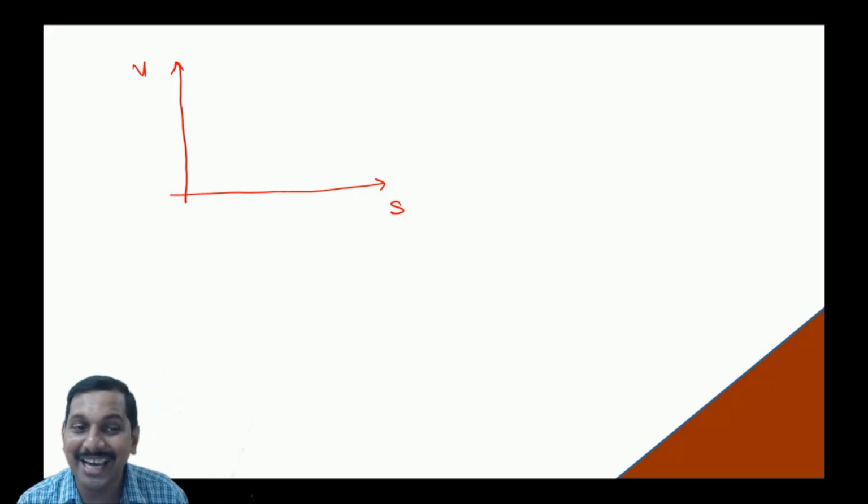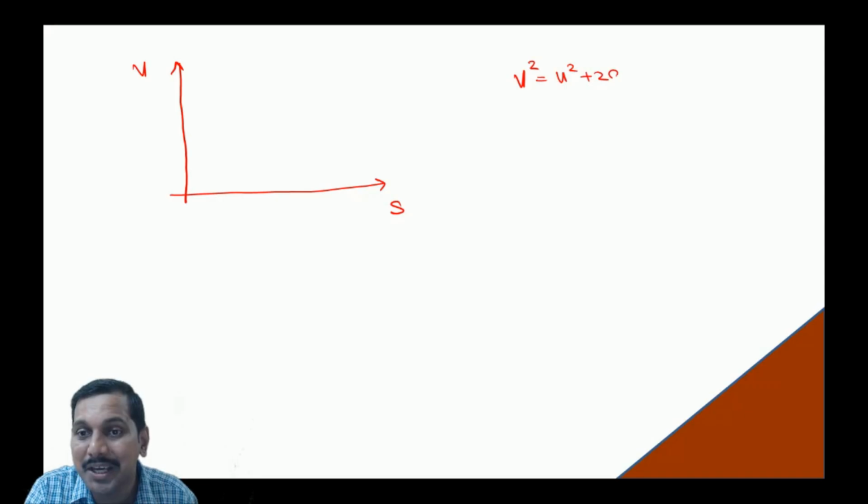Can we find out the velocity versus displacement curve? I'll give you some hints. We have to use v square is equal to u square plus 2as. This would be the governing equation. So velocity versus this would be root of u square plus 2as.